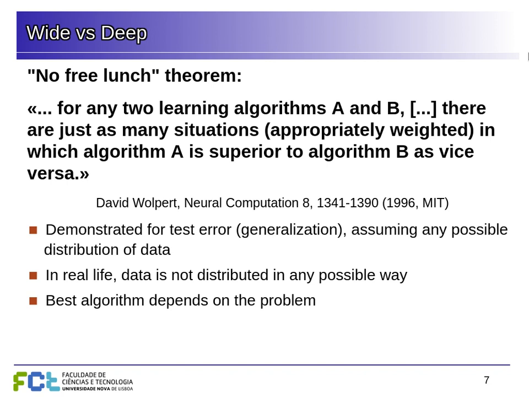The thing is that in real life, data is not distributed in all theoretically possible ways. So the data has some structure, some correlation, some specific distribution. So for specific problems, some algorithms are better than others.